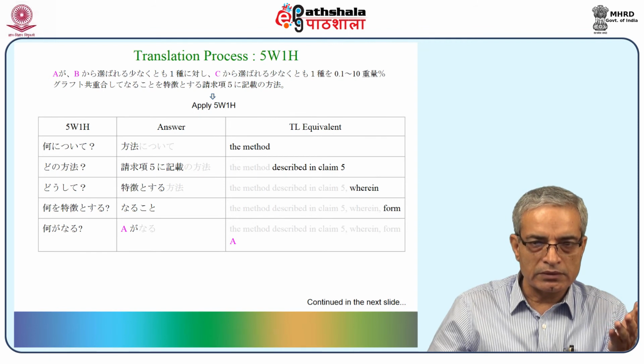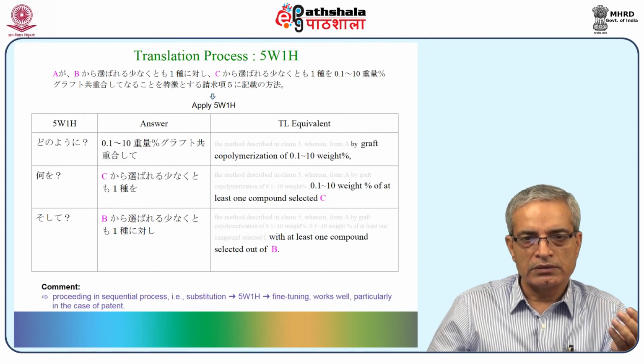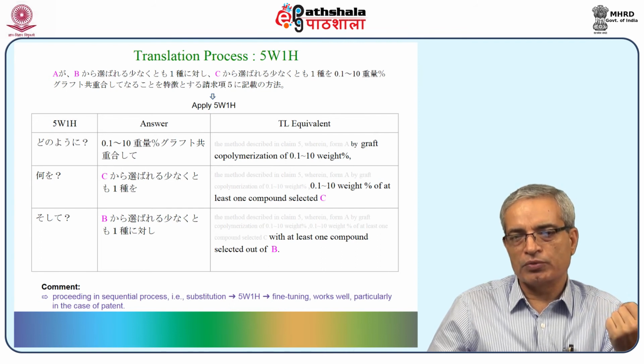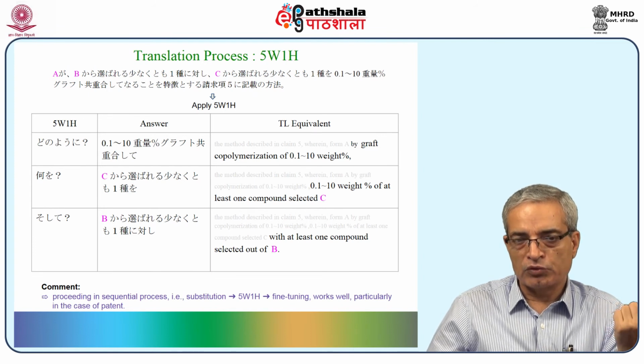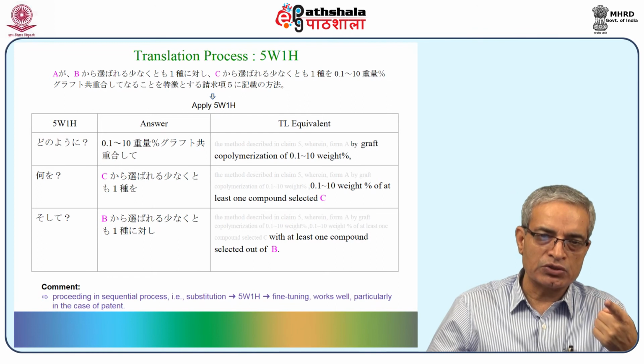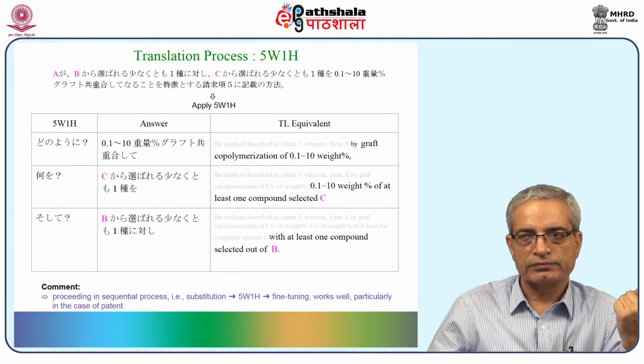So now let's see the English equivalents. どのように 0.1ないし10、10% グラフト共重合して, so it's して one process. 何を You have to put O, and in this case it is issue O. So C から選ばれる少なくとも issue O.